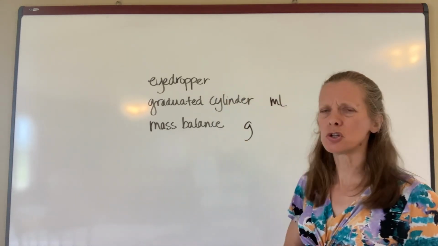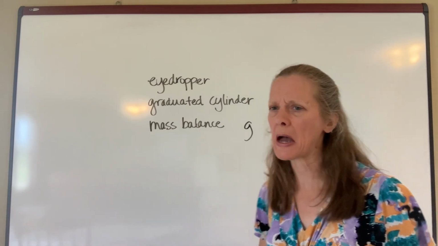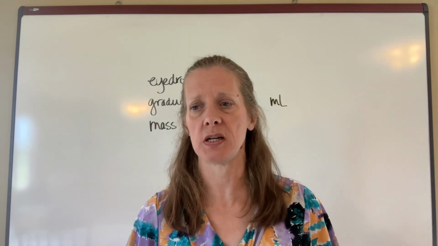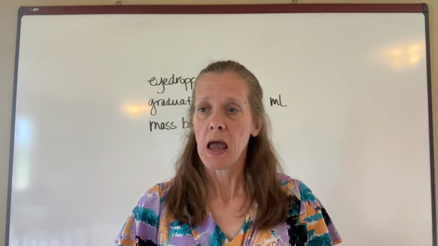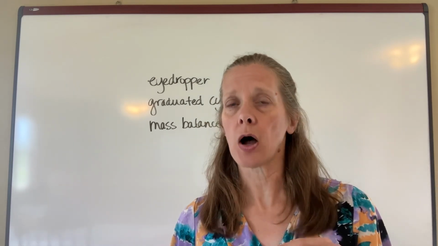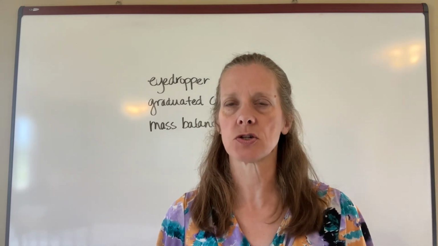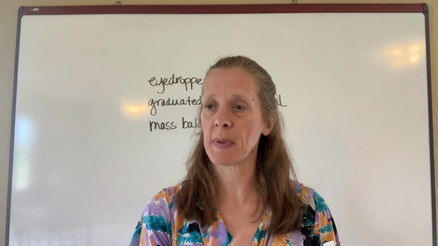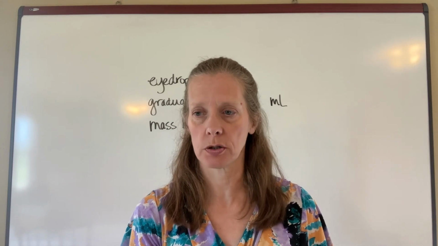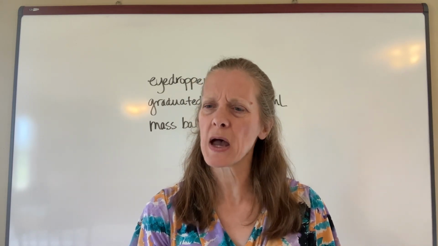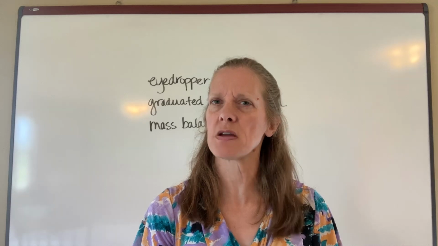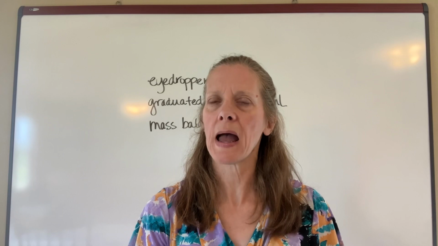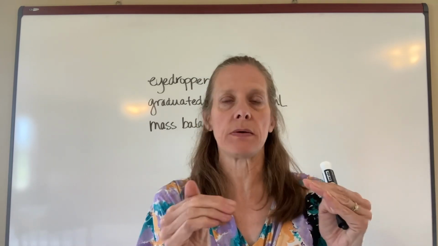Why would I tell you to use an eyedropper? Why would that be important? Well, I want you to think back to the titration that you did in first year chemistry. You had to measure volume very, very accurately, because when you added 1 drop of either acid or base, that can make your indicator change color. How did you measure those volumes very accurately? Try to think back and remember, how did you get to exactly 50 milliliters?